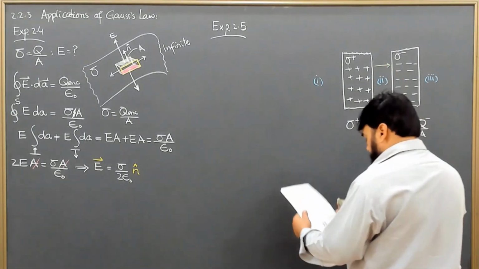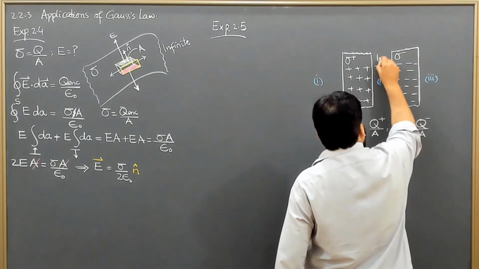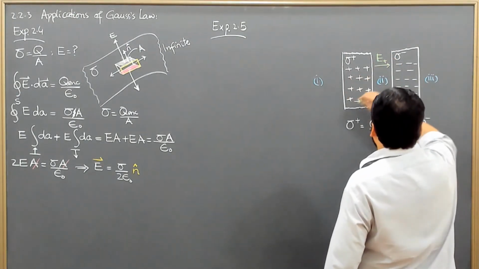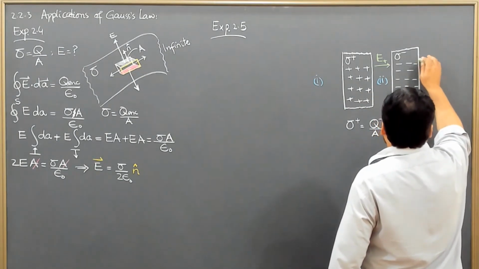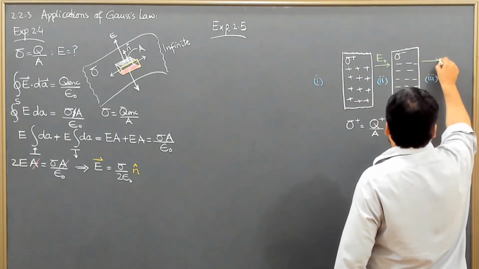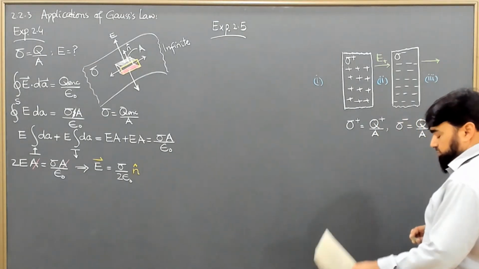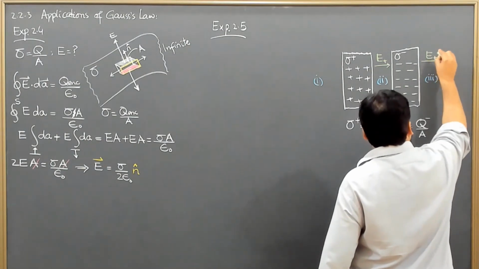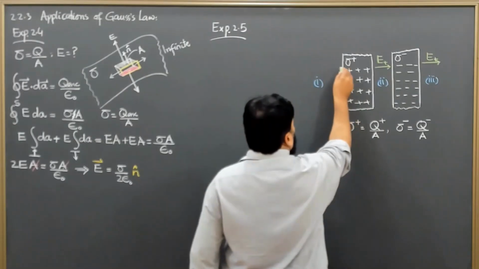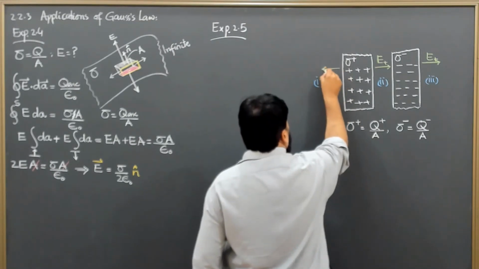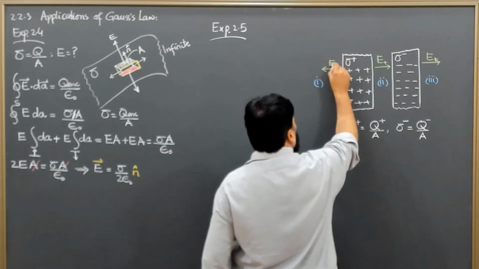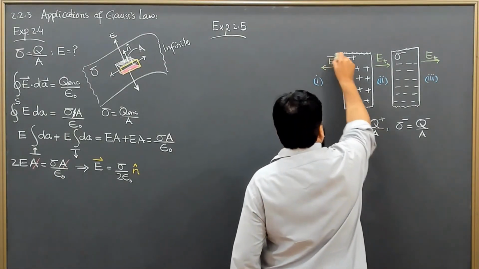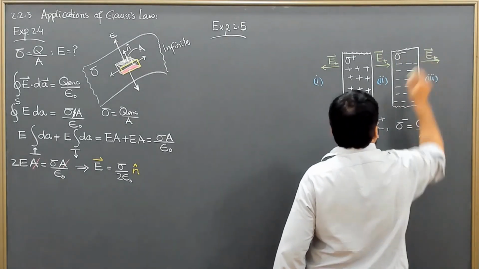This is the electric field of the positive sheet of charges, and even here it will be in this direction, and this is again E plus here. And if I look on this side, then the electric field is in this direction, just perpendicular to this one. This is E positive. And I can write the vector symbols on these.